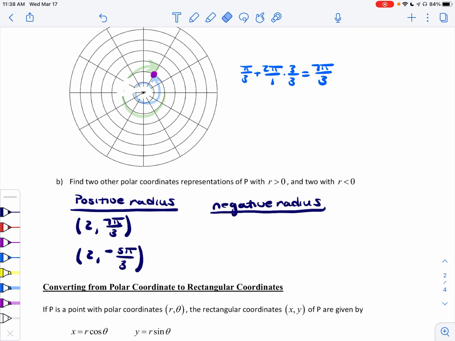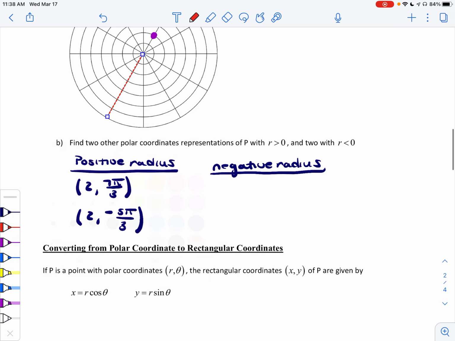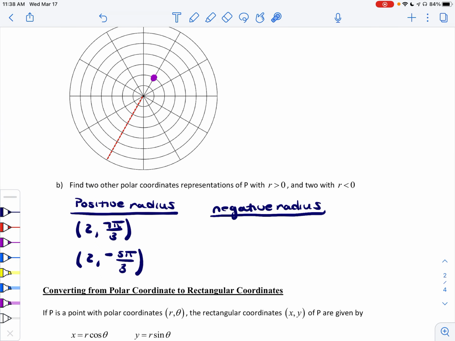All right, so again, we're always trying to get back to the same point. Now remember what I said earlier, and that is that whenever you're dealing with a negative radius, what it basically does is it reflects it across the origin.